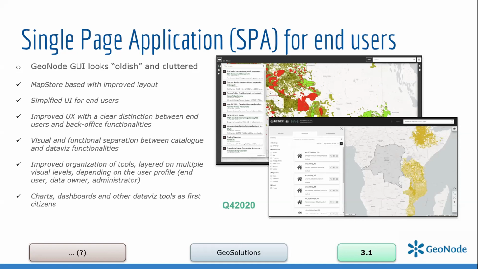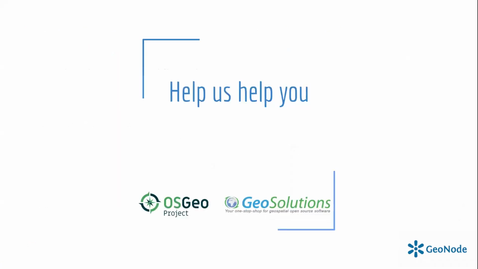So our idea, and we already have some mock-ups that describe it, would be to create a simplified, interactive UI that in a single page allows you to quickly and easily access all the functionalities that are now available on GeoNode.